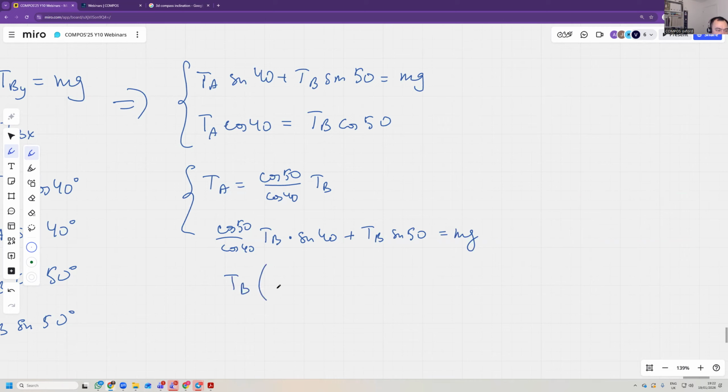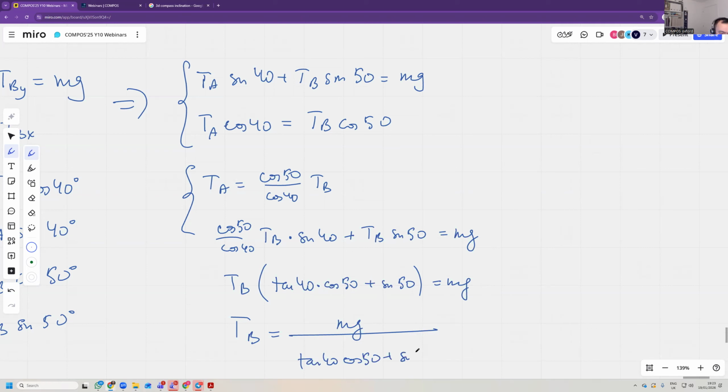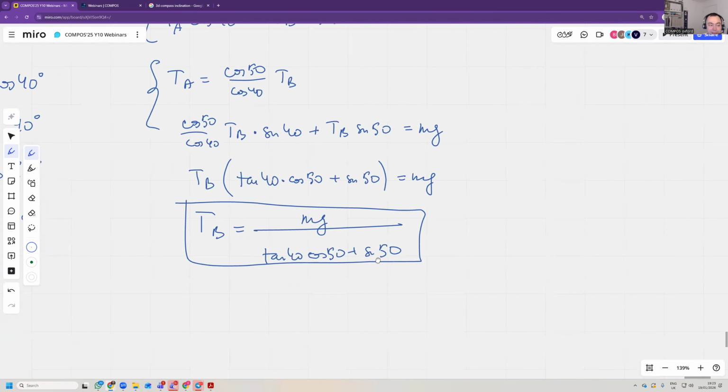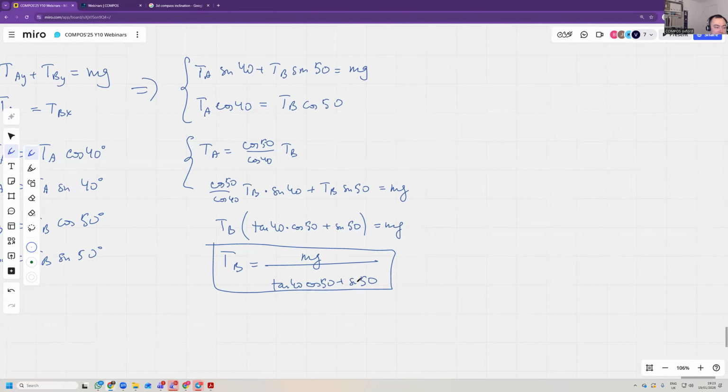So TB, open bracket, tan 40 multiplied by cos 50 plus sine 50, equals mg. So TB is equal to mg divided by tan 40 cos 50 plus sine 50. I'm not substituting any values, but you always can, because tan 40 and cos 50 are all known values. You can find them on a calculator.